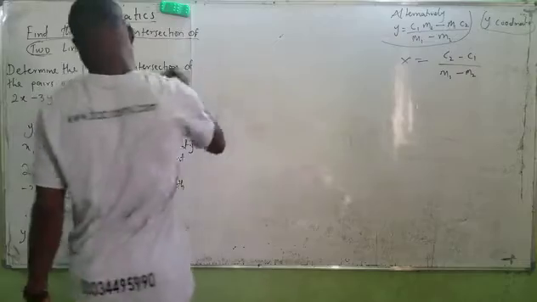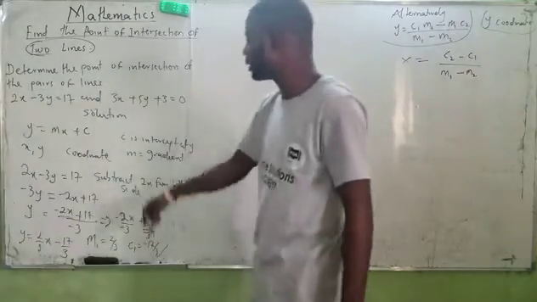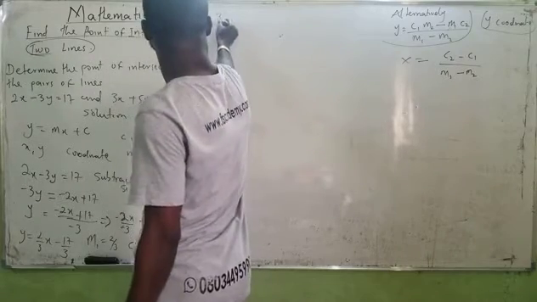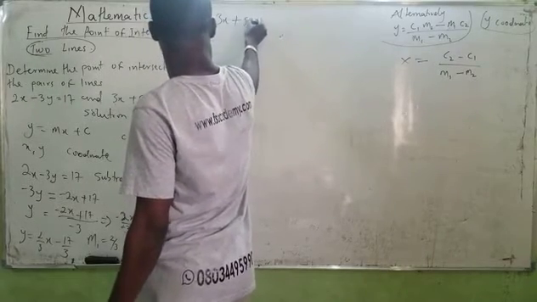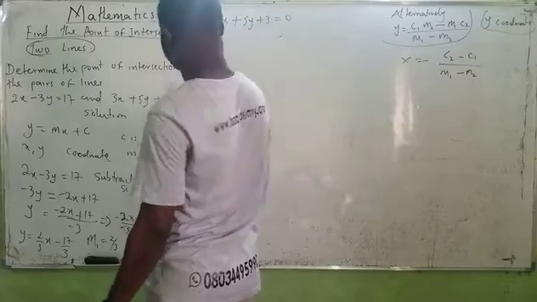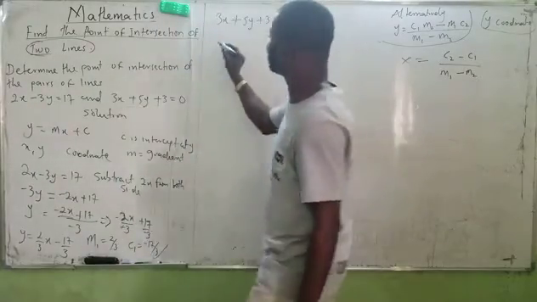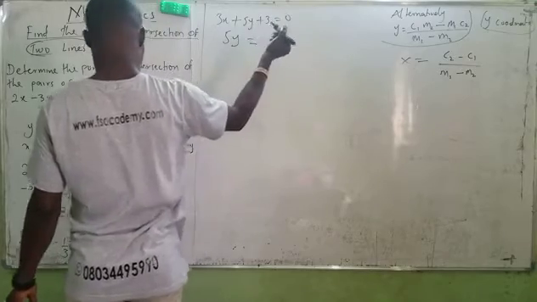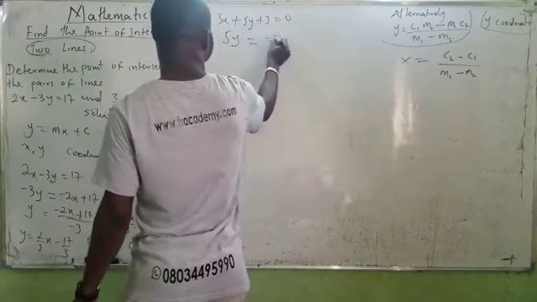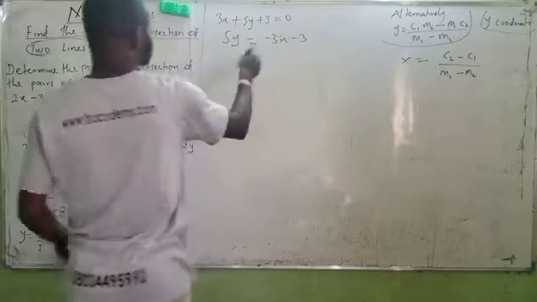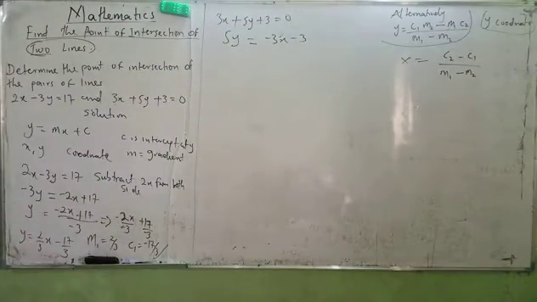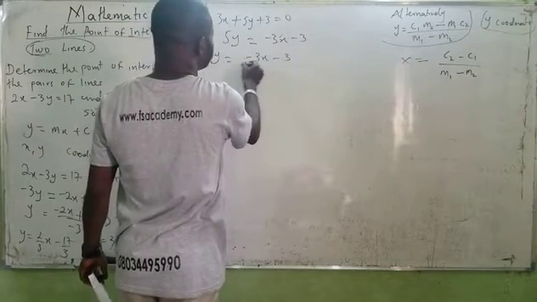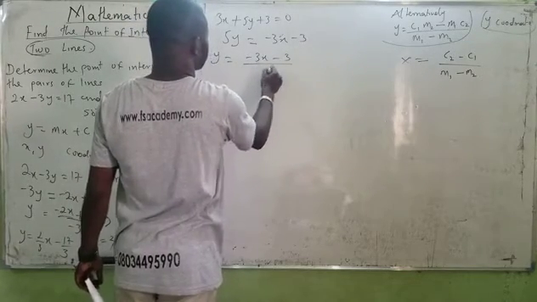Now, I'll go to line 2. Line 2 says that 3x plus 5y equals 0. This is my line 2. It means I'll have 5y equals minus 3x. I take the other side, so I will have y equals minus 3x divided by 5.